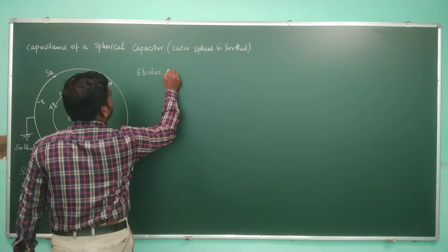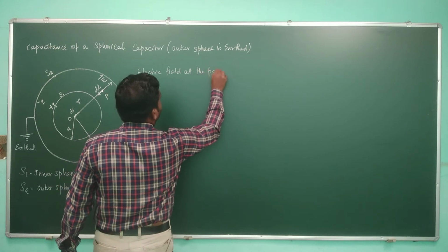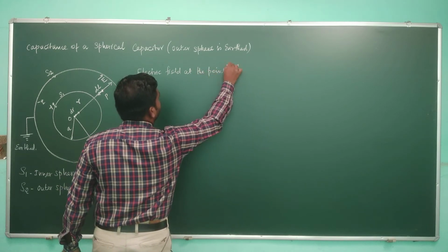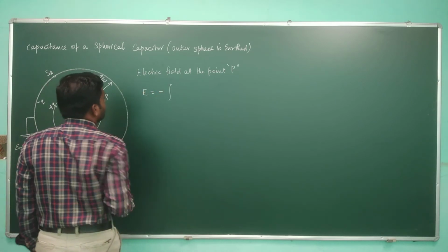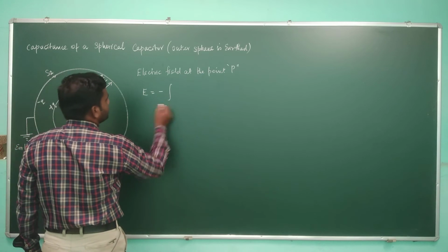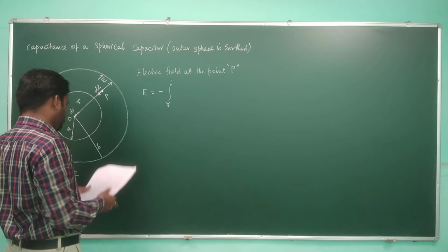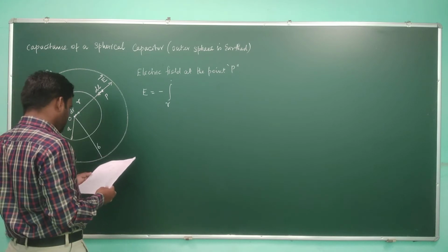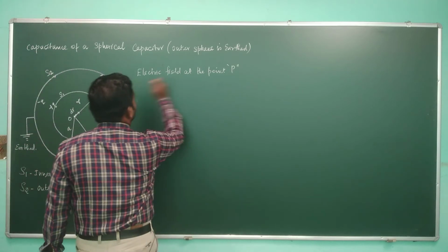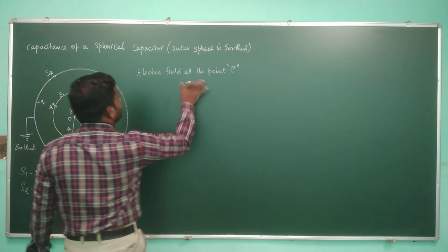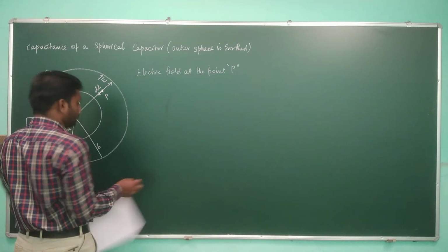Electric field at the point P, we can write E, which you can write minus the distance R2. I'm sorry, you can write the equation for electric field using this formula.